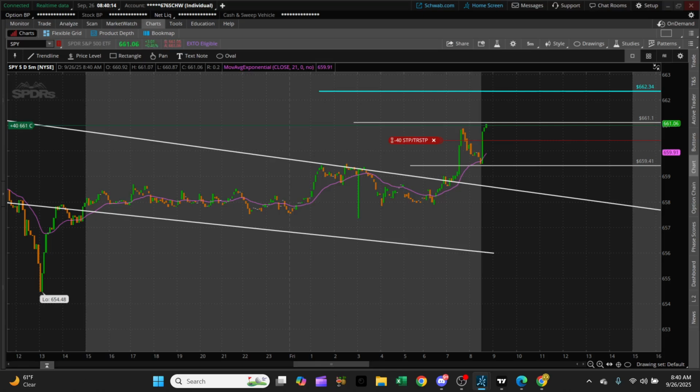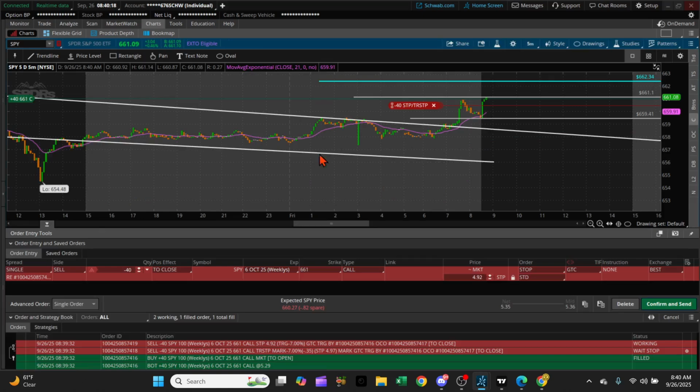Not the trailing stop, but that's on the place. And we said we're gonna change this to a limit. And we said 566.